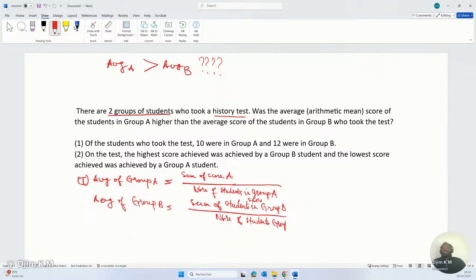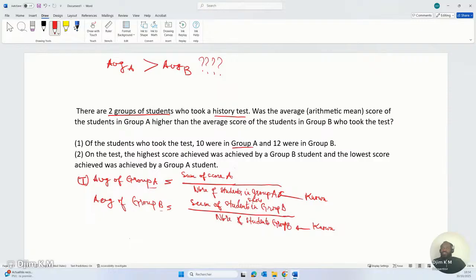So one thing we can notice here is that the prompt only tells us that we have two groups, group A and group B, and it asks us whether the average score of group A is greater than the average score of group B. The first condition tells us this information here, the number of students per group, but it does not tell us the scores.